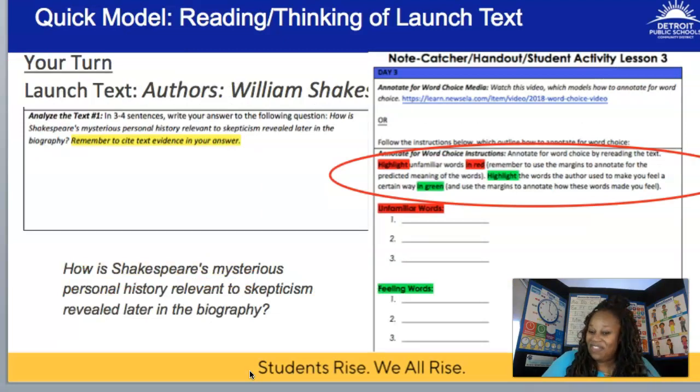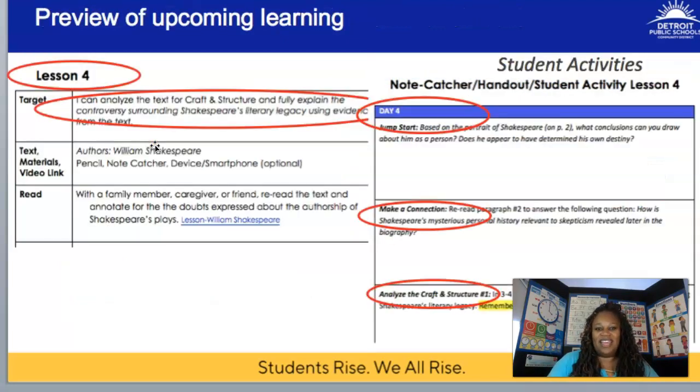So when you have your opportunity, use the space here to analyze the text, because we're close reading today and we're deeply analyzing the text to go one step further than what we looked at yesterday. You're doing, again, the annotate for word choice and the analysis of the text.